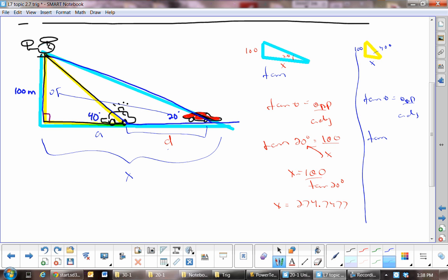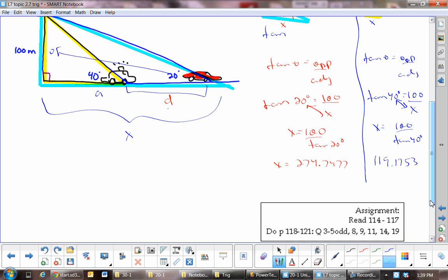Tan 40 degrees equals 100 over x. Remember, these two can trade. So x equals 100 over tan 40. And you get 119.173.